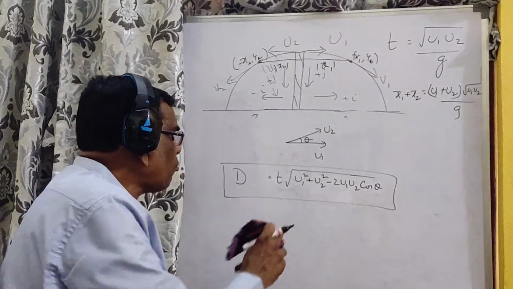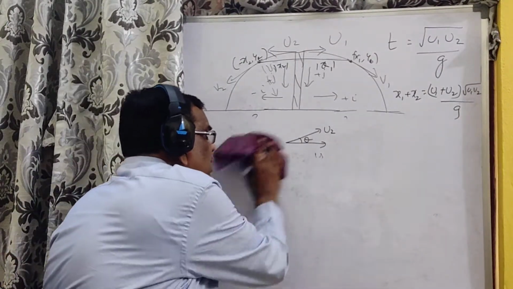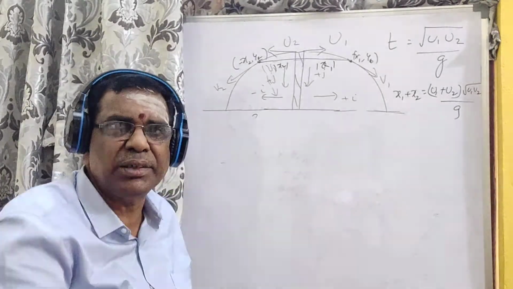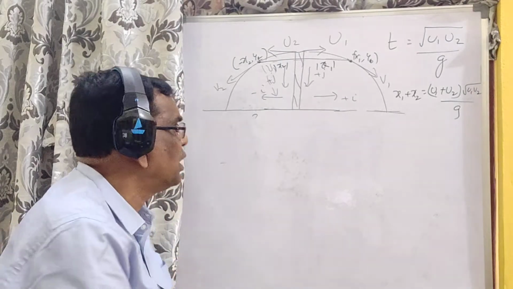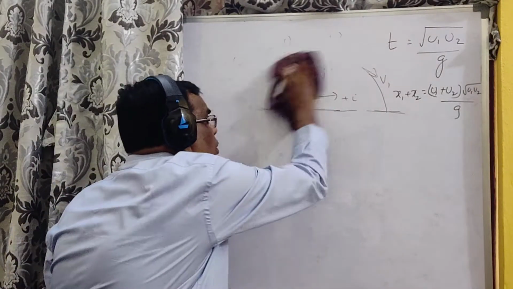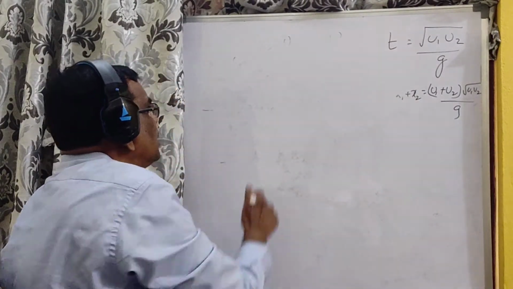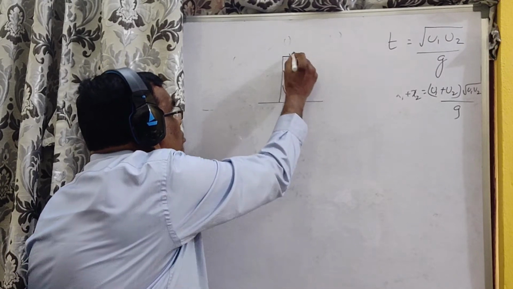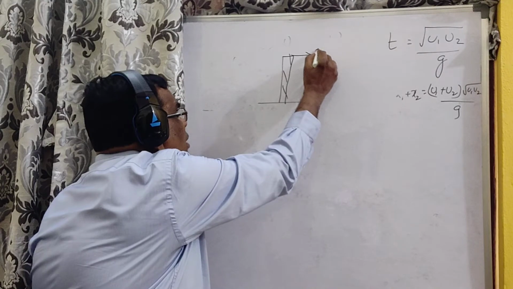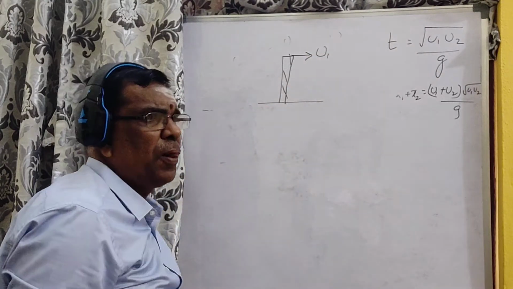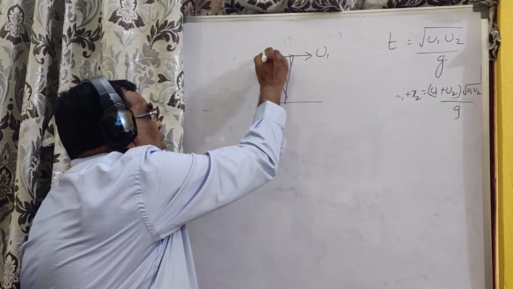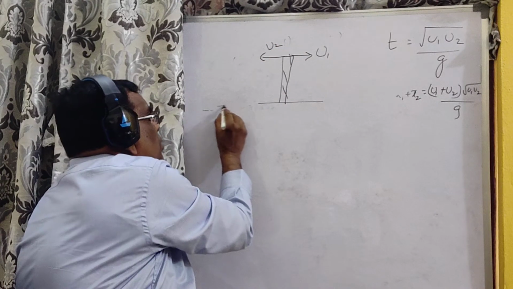Now, sometimes what happens, I'll tell you. If it is not a simultaneous projection, they may give problems like that. What do I do? First, a body is projected with U1. Maybe after some gap, a body is projected with U2.